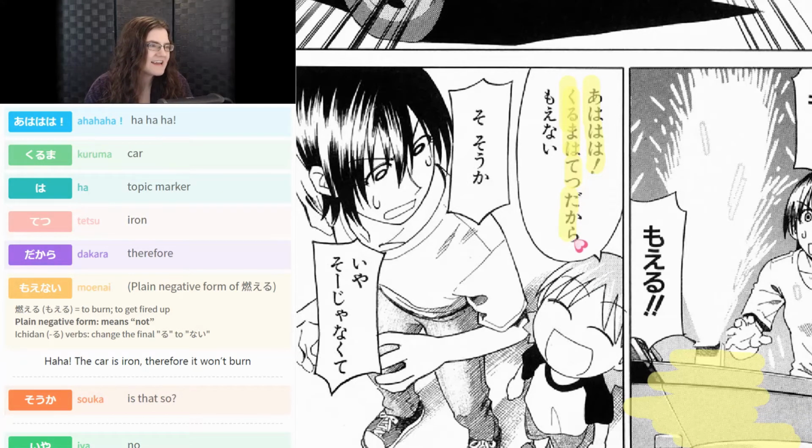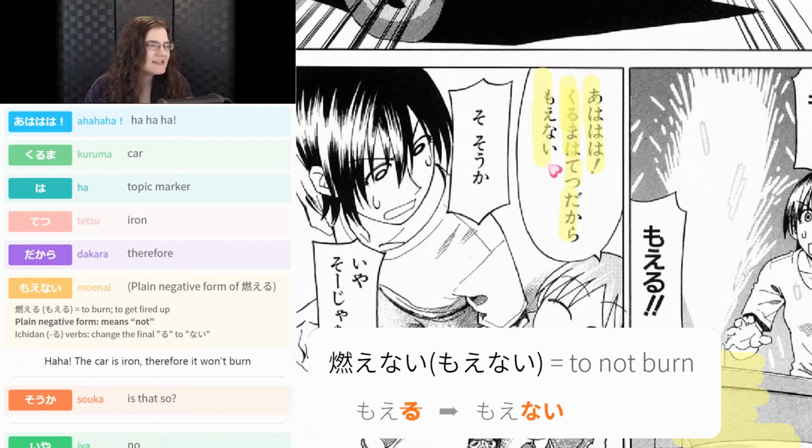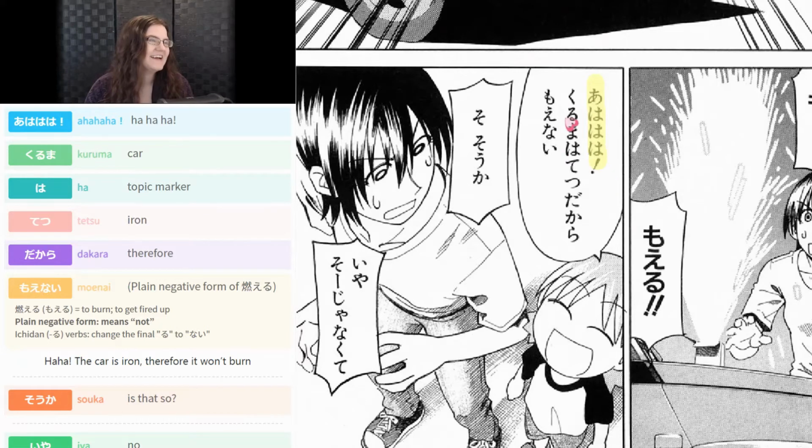And then dakara is therefore. And then moenai is the negative form of moeru. So instead of to burn, it's to not burn. So that moeru is an ichidan verb, so that ru just gets swapped out to nai for our moenai. That's it. So she's like, ha ha ha ha, your car is made of iron, therefore it's not gonna burn.